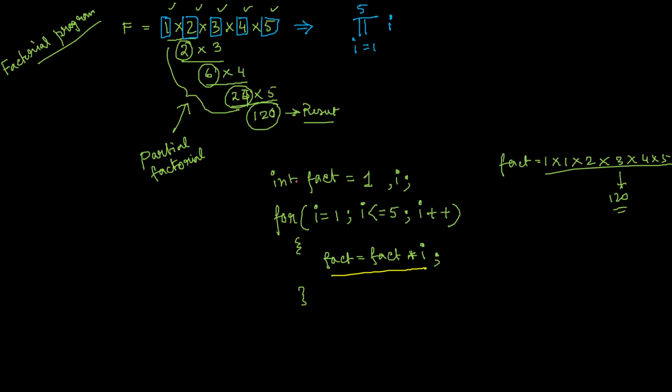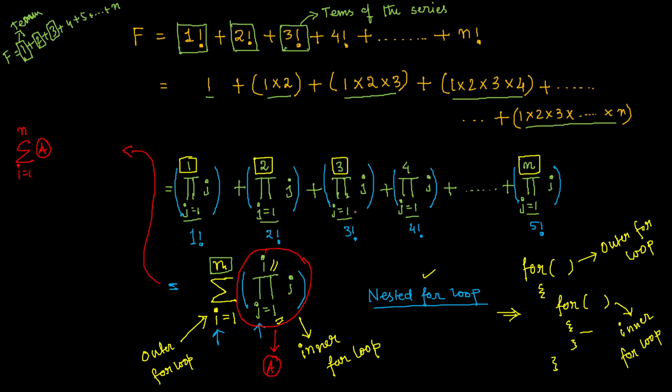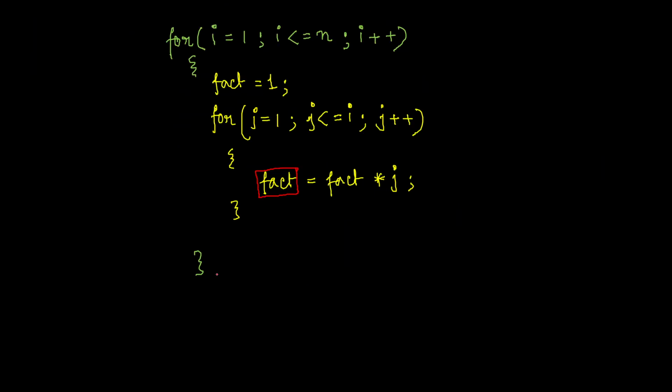So what is left? This adding is left. This addition is left. So that means the only statement that you require here is sum equal to sum plus the result you have got from the inner for loop, that is fact.